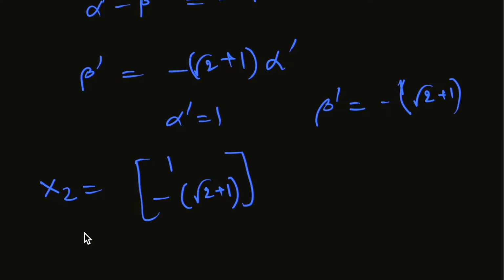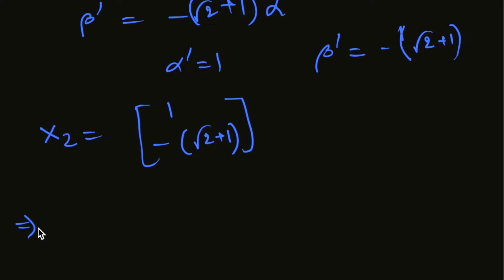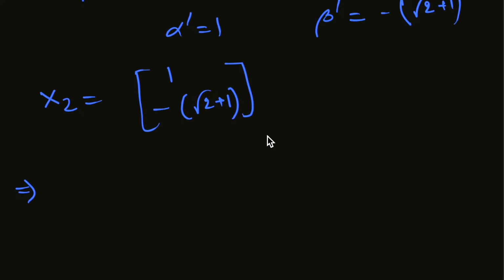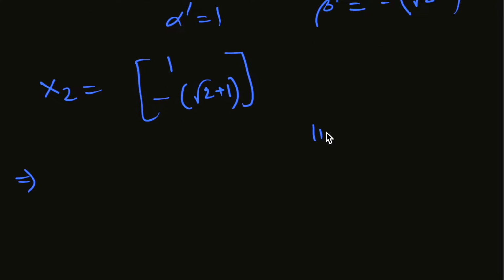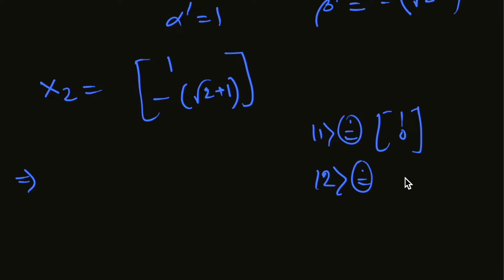So now we can express the eigenvectors in terms of the basis kets, where |1> is (1, 0) and |2> is (0, 1) in the matrix representation.